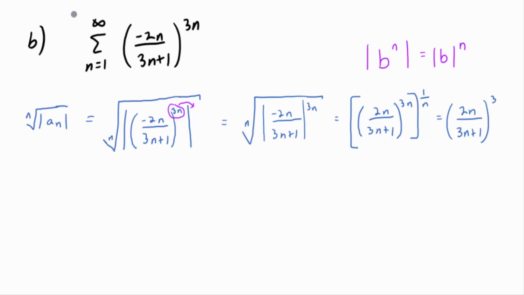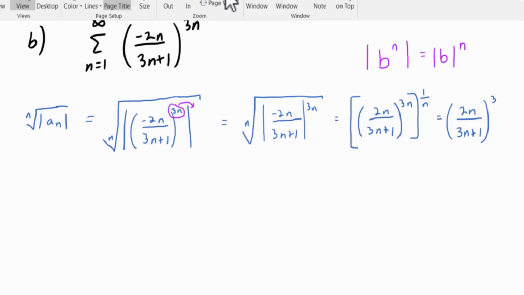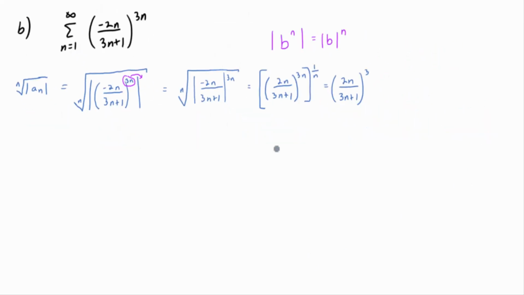Let me broaden the view a little bit. Now, what do you think that guy converges to? 2/3 to the third. 8 over 27, yeah, exactly.